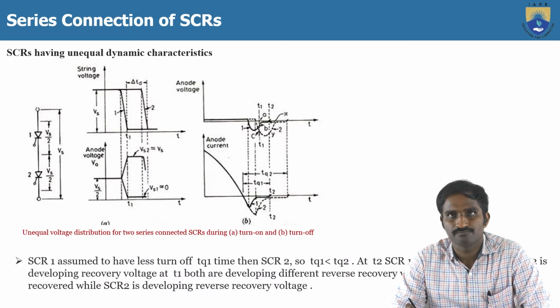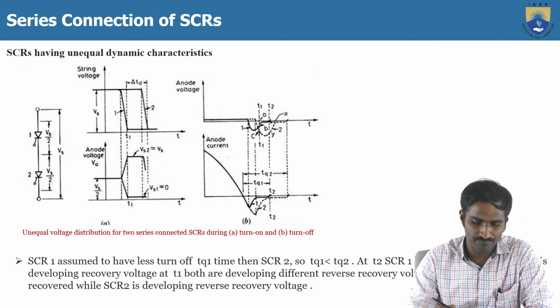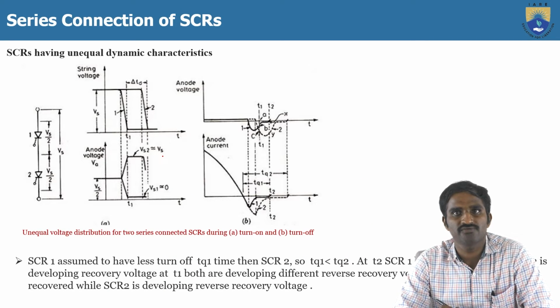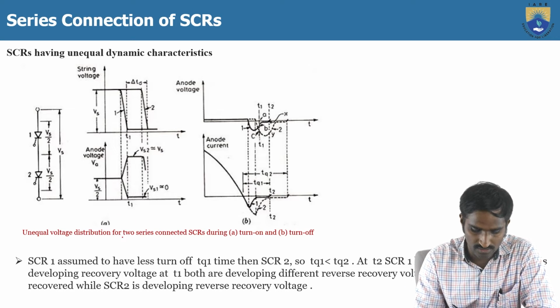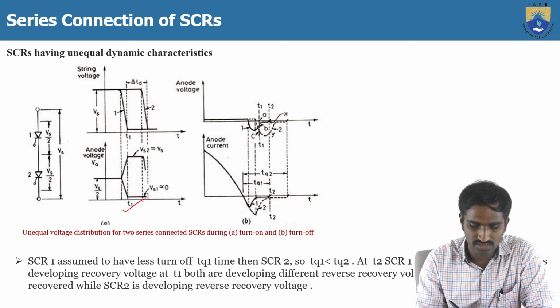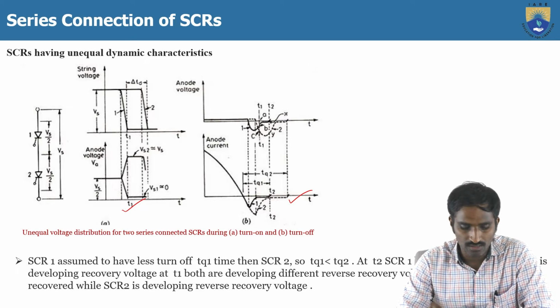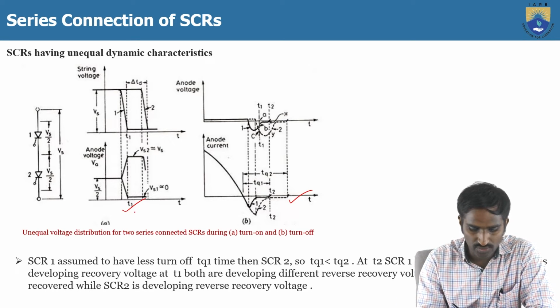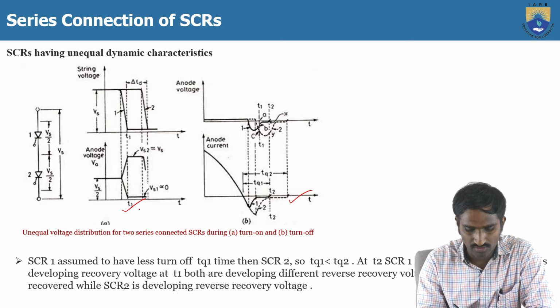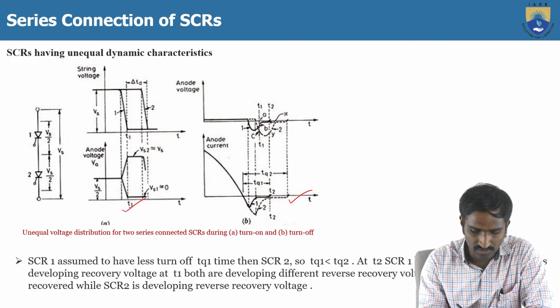So here, as we can see, the turn on and turn off characteristics of the SCR. These are the turn on characteristics, and these are the turn off characteristics of an SCR. Let me consider T1 is the turn on for each of these two cases.